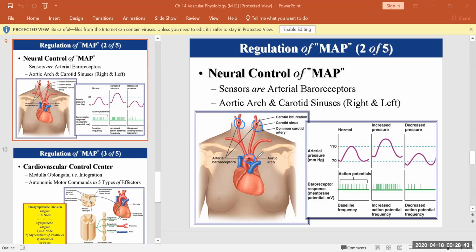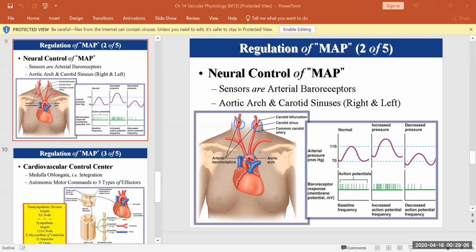Therefore, the pressure needs to be higher than that resistance. Otherwise, blood will not flow, right? So in order for the brain to be notified and to adjust the stroke volume from the heart, it needs to know what is the pressure at that moment in that aortic arch, right?